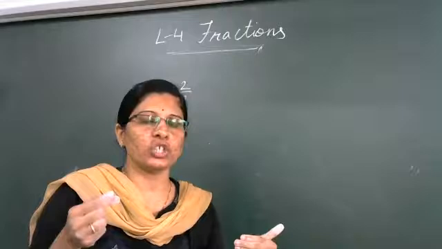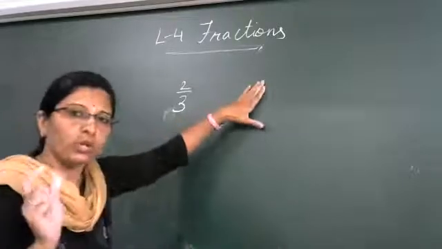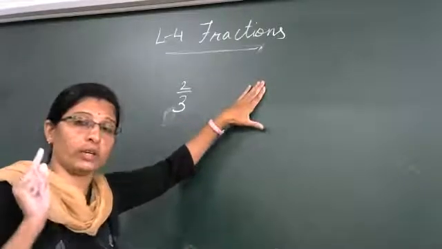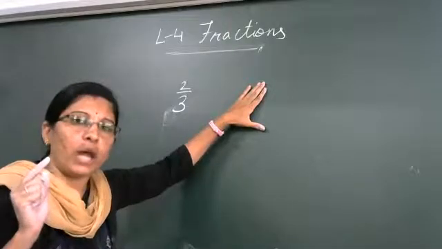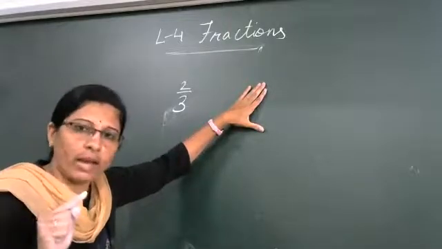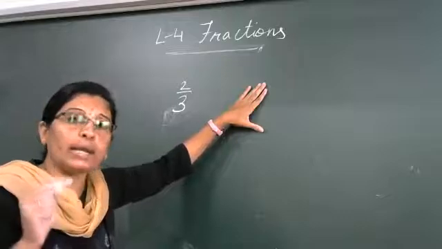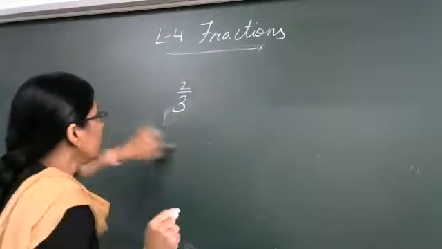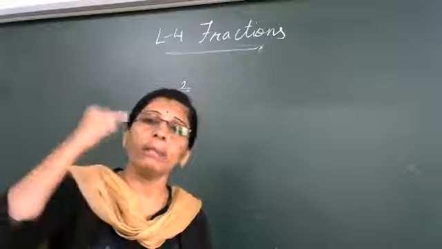How many fractions we find depends on the question. Okay, now how to find? The first method is the multiplication method. To find the equivalent fraction, we have to multiply the given fraction with the same number, up and down.